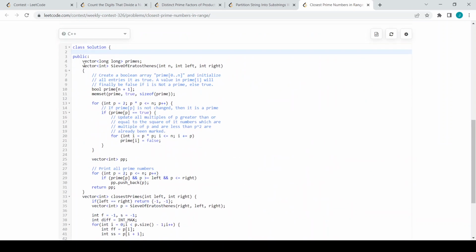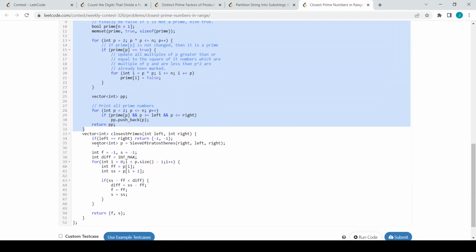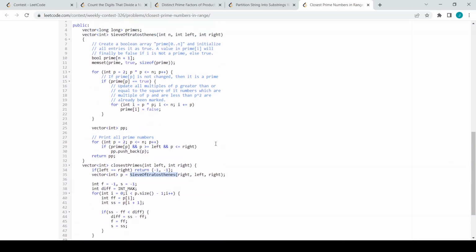First, I have used a sieve of Eratosthenes function to get the prime numbers from left to right. I have called this sieve of Eratosthenes function, where I have passed left and right, and this right is going to denote the n, and I'm declaring a prime array.